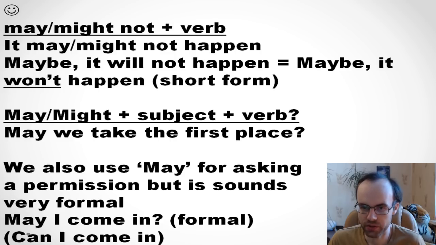It might not happen. Maybe it will not happen. Or maybe it won't happen. It's a short form. May, might plus subject plus verb. May we take the first place? We also use may for asking a permission, but it sounds very formal. May I come in? So it's formal. Or we can ask, can I come in? Okay, my friends, very, very good.